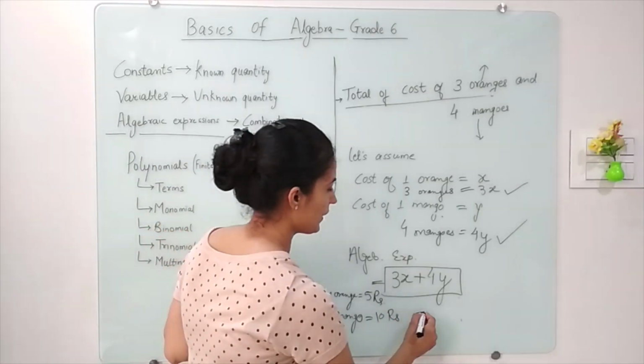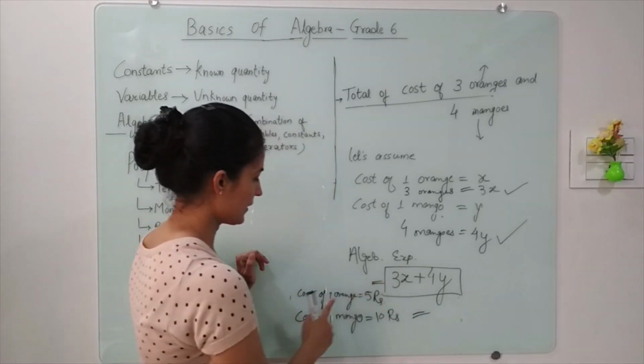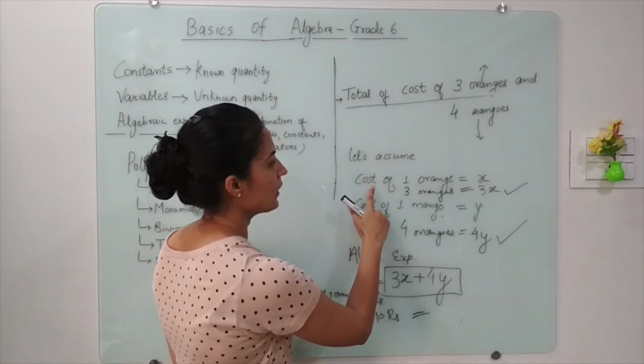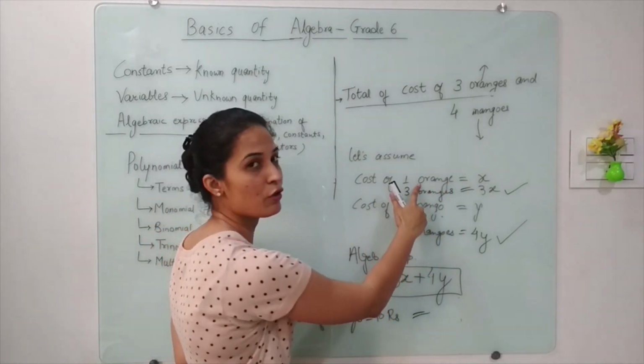I will simply replace this X with 5 because X is the assumed value of one orange.